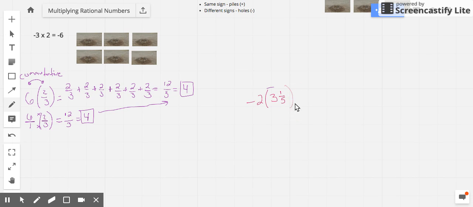Uh-oh, mixed number. Opposite numbers or negative numbers. What am I going to do? Well, first, I'm saying we have 2 wholes, like the opposite of 2 piles, 2 wholes, and we want 3 groups of them and a fifth of a group of 2.